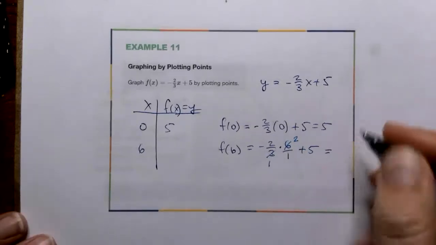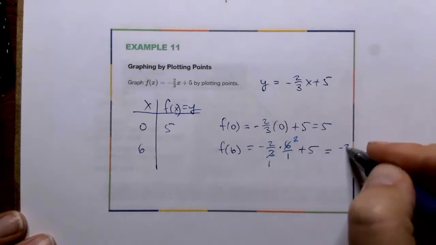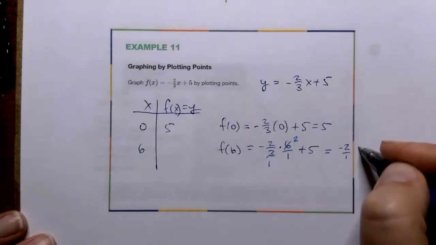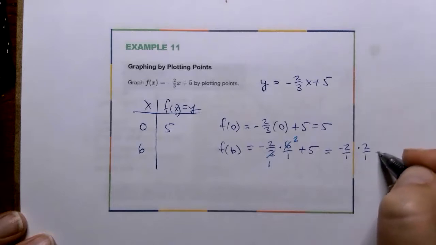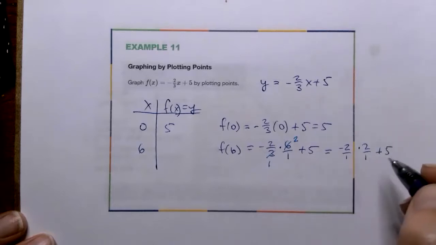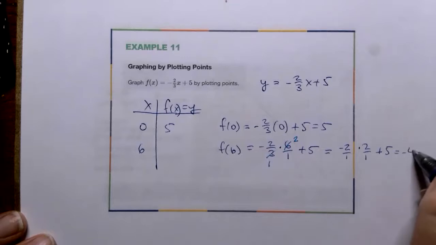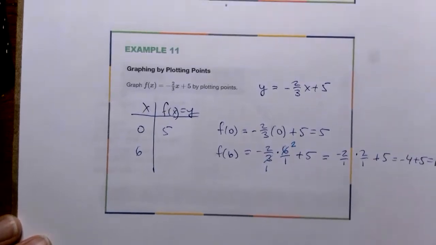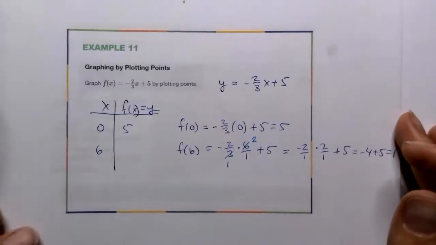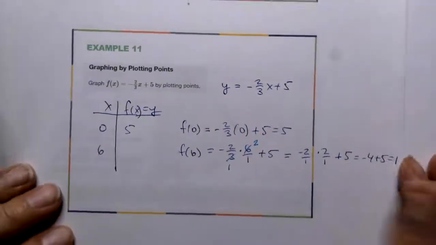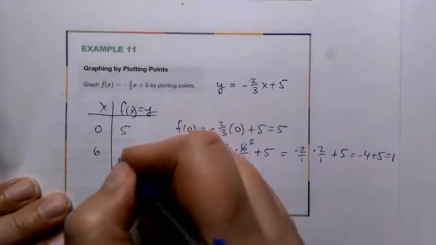So that gives me negative 2/1 times 2/1. So basically it's negative 2 times 2, which is negative 4. Negative 4 plus 5 is 1. Okay, so when my x is 6, my y value is 1.